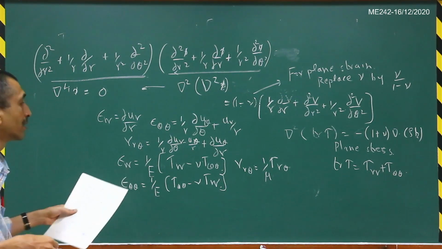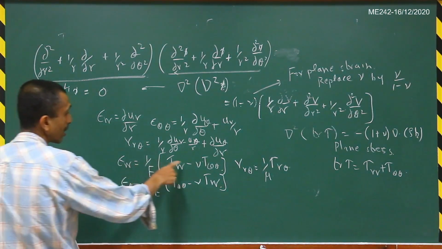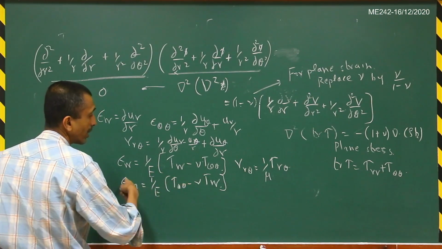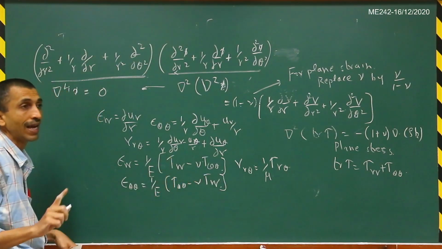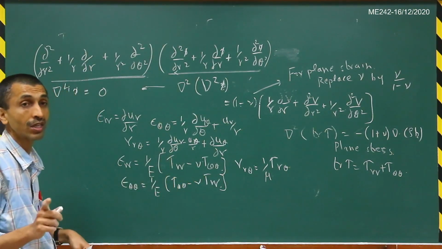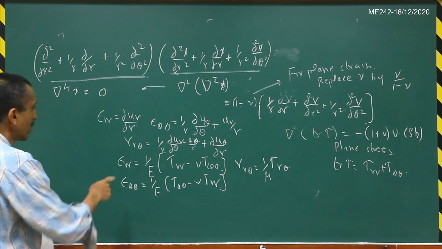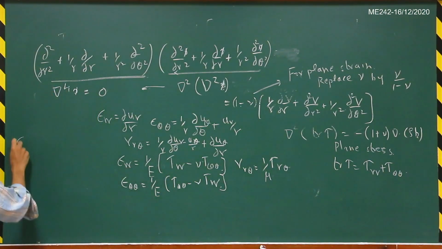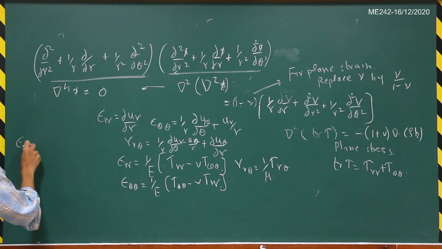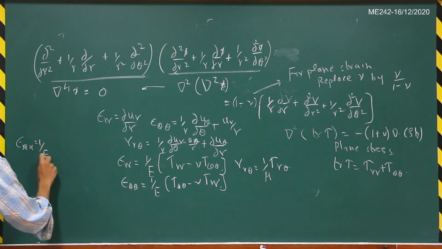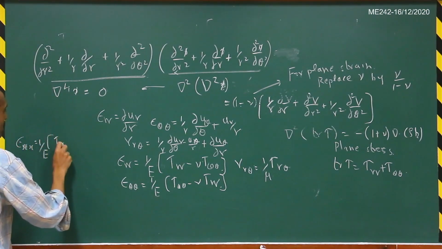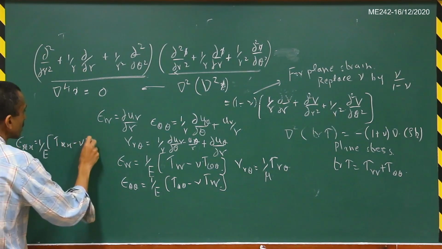You can see, this aspect I have already mentioned earlier, that the form of the constitutive relation will look the same as in the Cartesian case, because there is no differentiation involved, right? So here, for example, I had epsilon xx is equal to 1 by E times tau xx minus mu times tau yy.